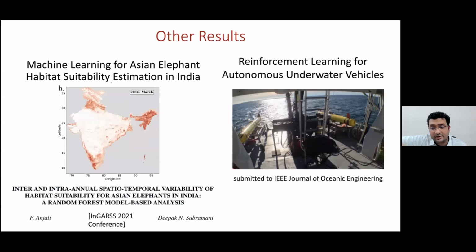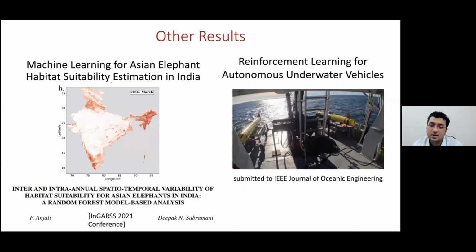And we developed a random forest algorithm, machine learning algorithm, that then was able to predict or estimate suitable habitats for elephants. So this is training a random forest machine learning algorithm for solving a problem of identifying habitat suitability of elephants.